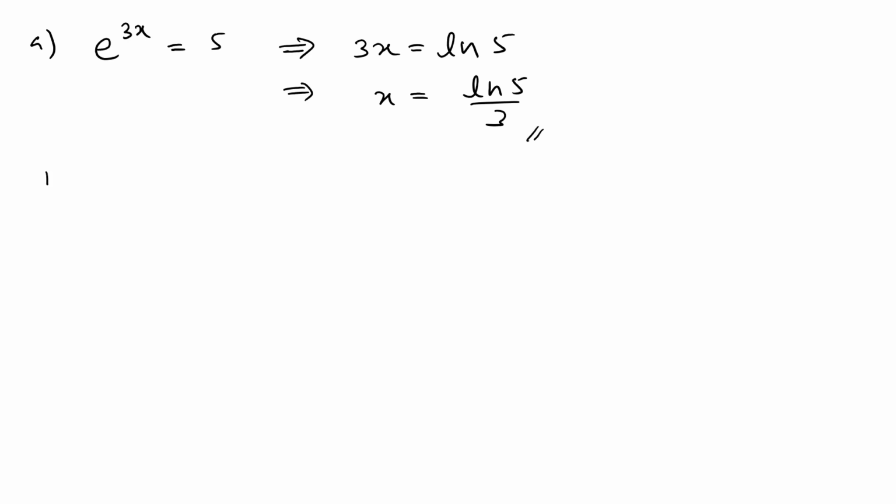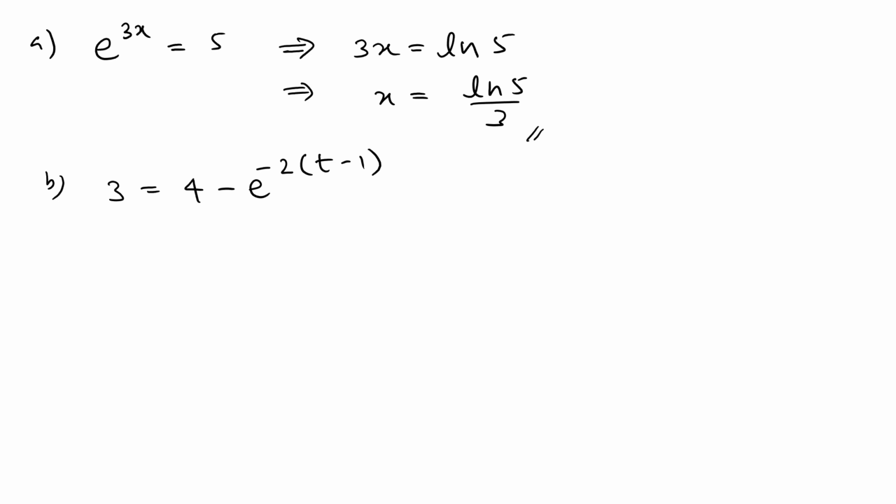So let's look at the second problem, which is 3 equal 4 minus e to the negative 2 t minus 1. So again, what we can do is isolate the exponential term first. To do that, we can subtract 4 from both sides.